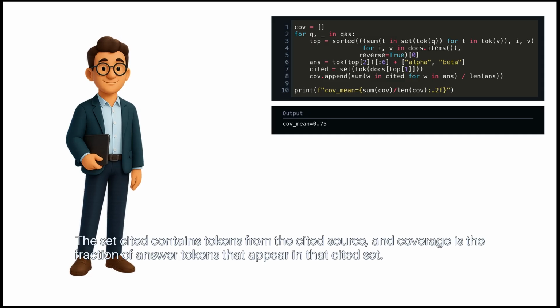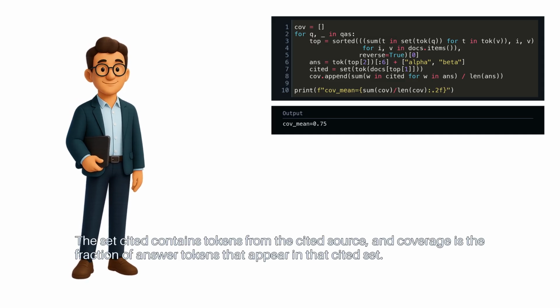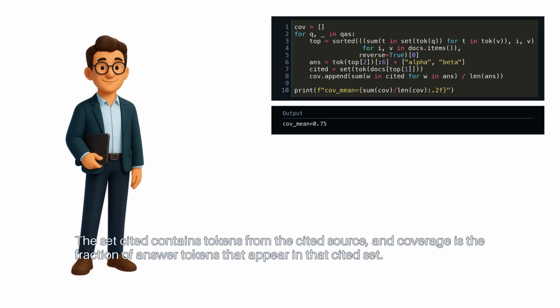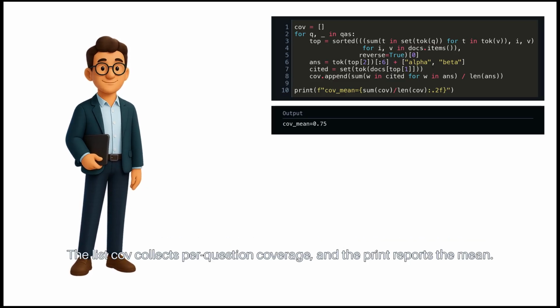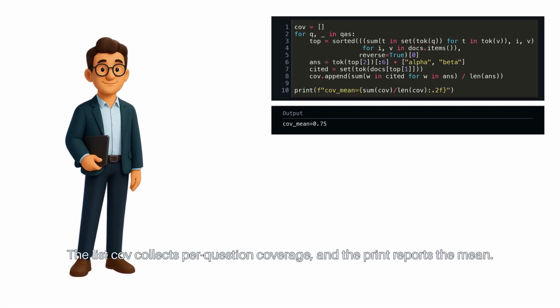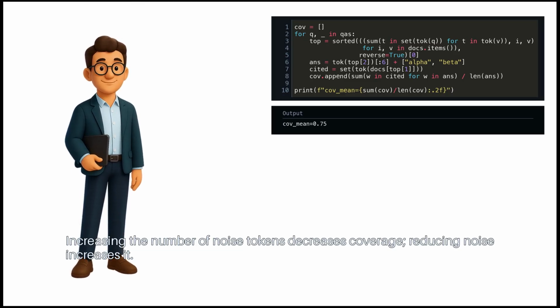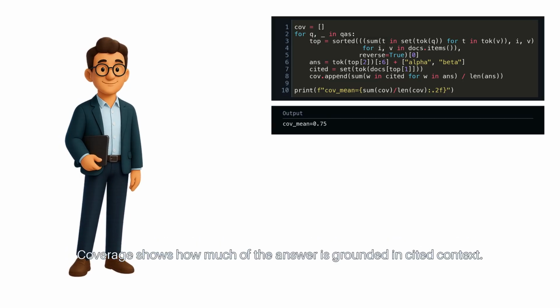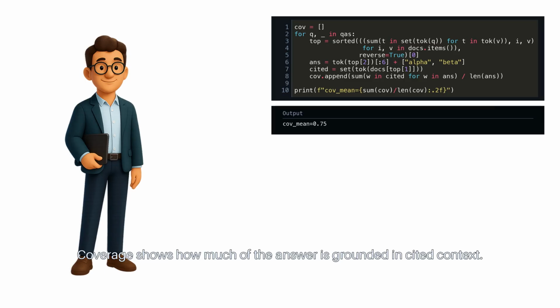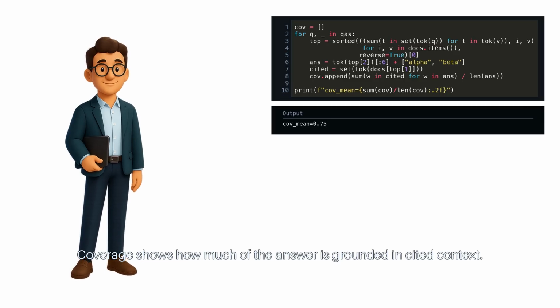The set cited contains tokens from the cited source, and coverage is the fraction of answer tokens that appear in that cited set. The list cov collects per question coverage and the print reports the mean. Increasing the number of noise tokens decreases coverage. Reducing noise increases it. Coverage shows how much of the answer is grounded in cited context.